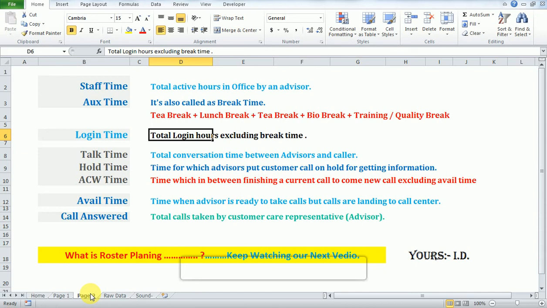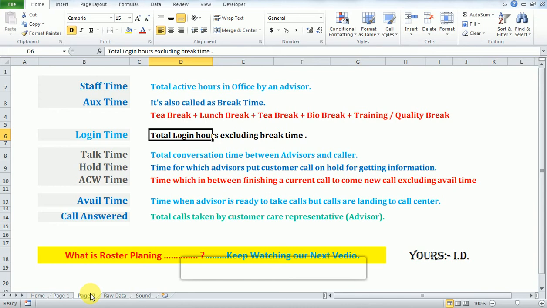Talk time. Do you know what talk time is? Total conversation time between advisor and caller. It means the total talking time, the total conversation time between the call center executive and the customer, that is called talk time. And hold time is the time for which the advisor puts the customer call on hold for getting information.